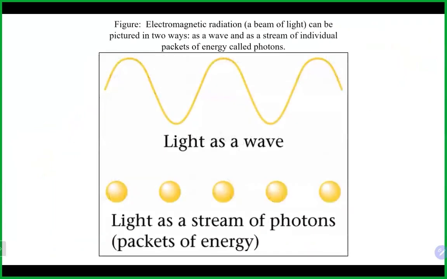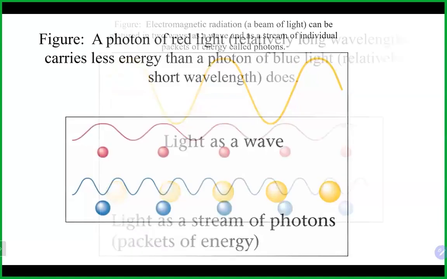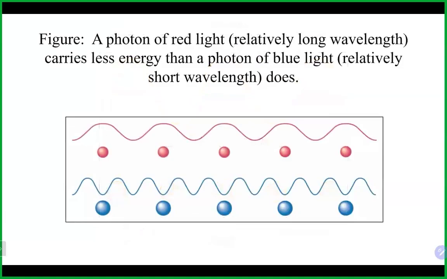Again, we can think of these waves as wave-like, and also as a stream of particles moving through, packets of energy. There you can see our red color, with a much longer wavelength, versus our bluish color with a shorter wavelength. So this one here should be higher in energy.